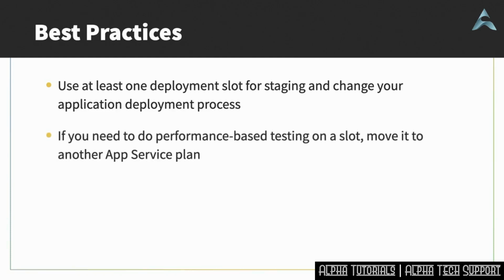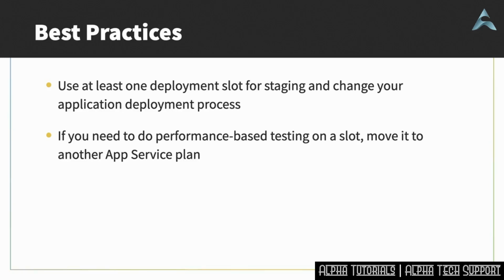If you need, for some reason, to do performance-based testing on a deployment, you create a slot and say, I need to do performance-based testing on this. Move that slot to a separate App Service plan, because if that slot shares the same App Service plan as production, you're in bad shape, because production will be affected. And of course, we don't want that.